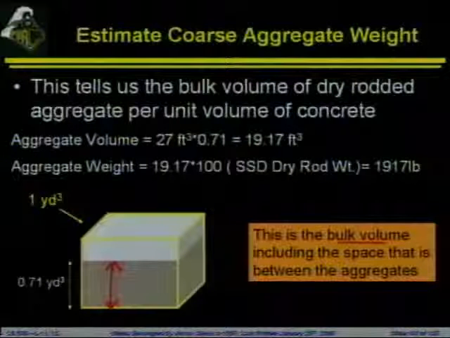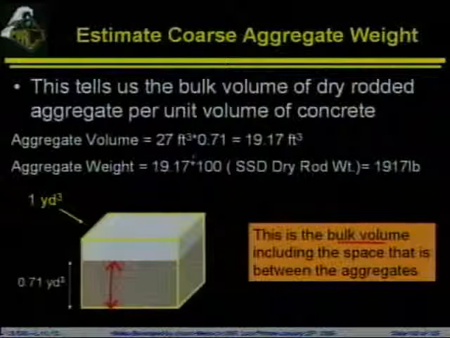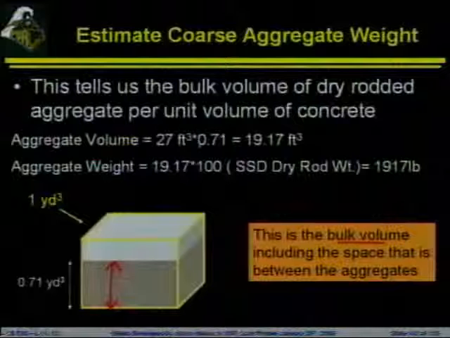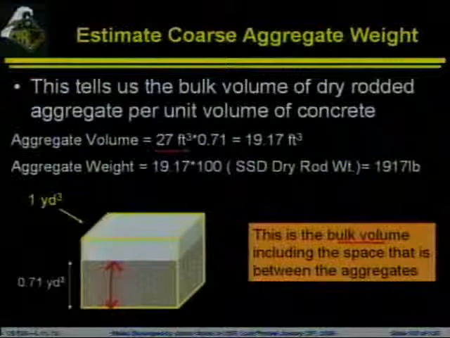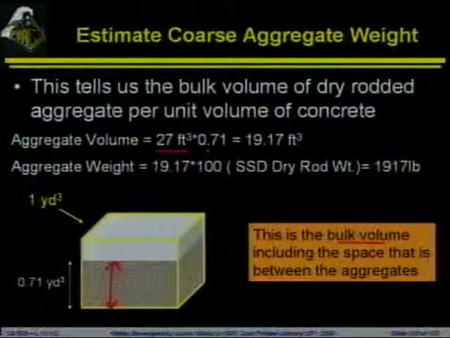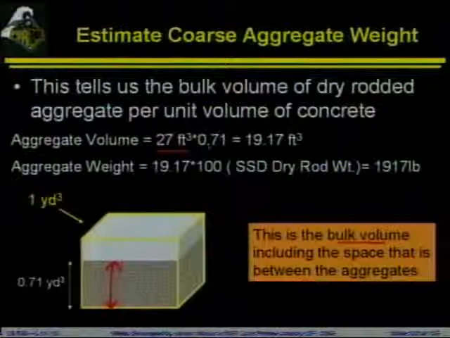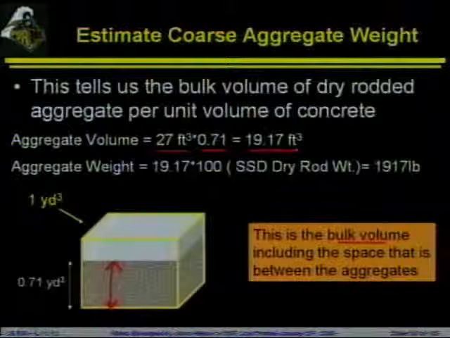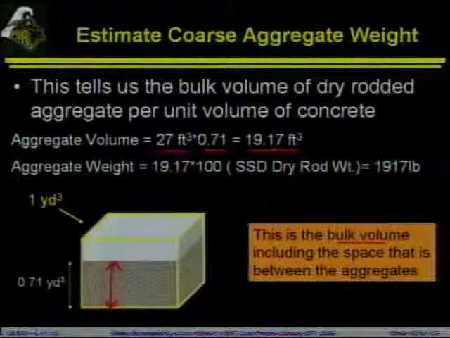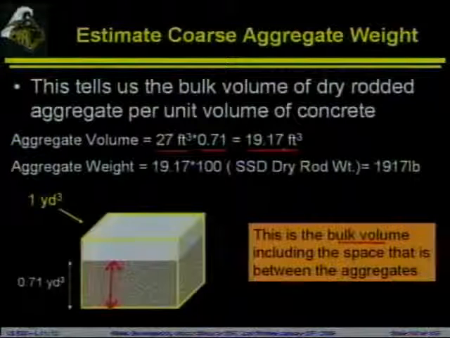So we could go through now and calculate the actual volume, and we're going to do what basically comes down to an accounting procedure. I need 27 cubic feet if I'm going to make a yard of concrete. I can multiply that by 71%, and I would have aggregate by volume of 19.17 cubic feet, and this is the bulk volume.